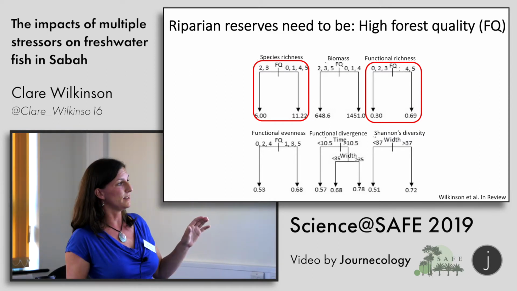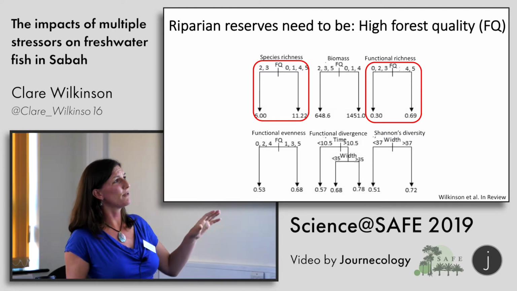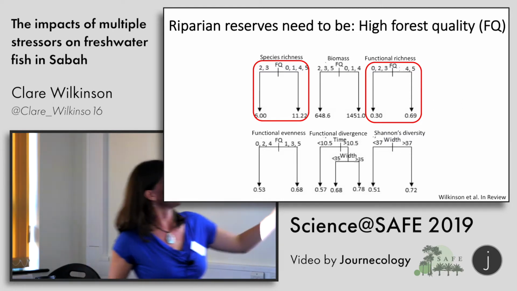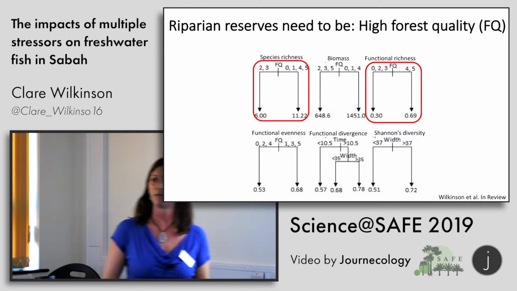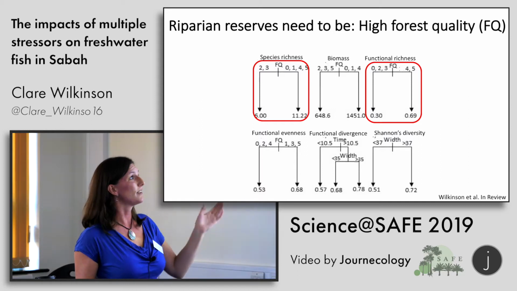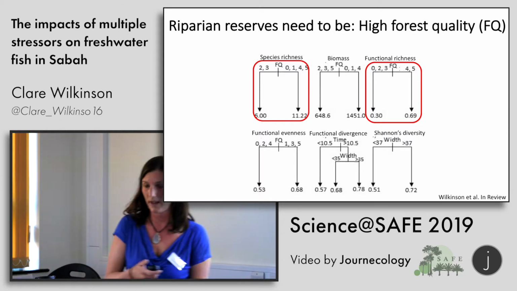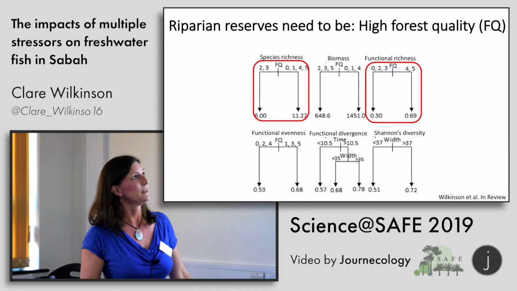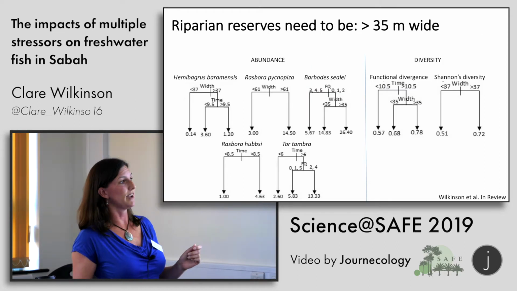However, it was forest quality that most often came out in explaining differences, but with no real clear threshold. So forest qualities of 2 and 3, which equates to logged forest streams, had the lowest species richness, but functional richness increased with higher quality streams. But there were clear thresholds for width and time.